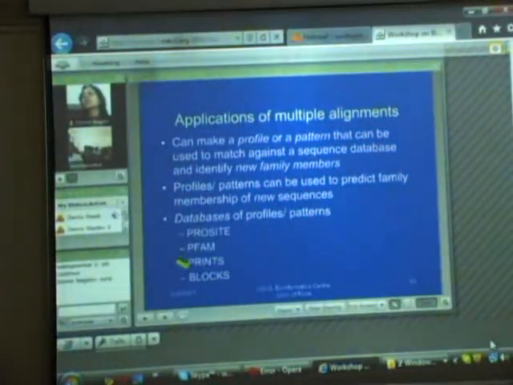Similarly, PRINTS is another database of patterns which are derived from the MSA, and BLOCKS is a database of the highly conserved blocks extracted from the multiple sequence alignments. So these are the derived databases, as we call them in the terminology of bioinformatics, which are derived from sequence analysis, and all of these take multiple sequence alignments as the input.